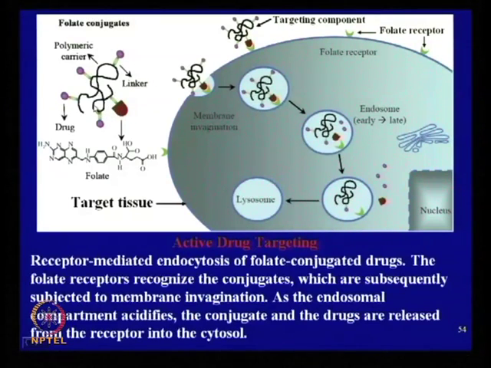So, actually after injection, it will go through the membrane into the cell. Now, this is the receptor, the folate receptor, and this is the folate connected to the polymer to which drug molecules are connected.